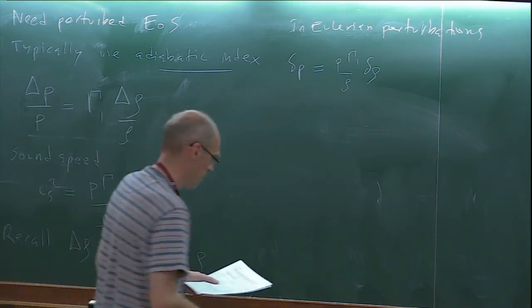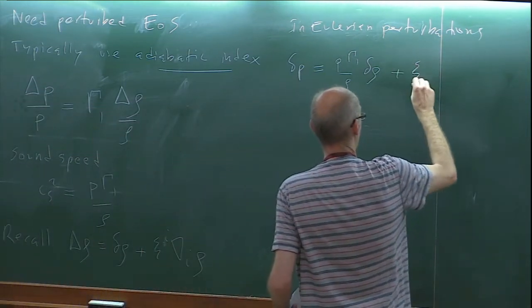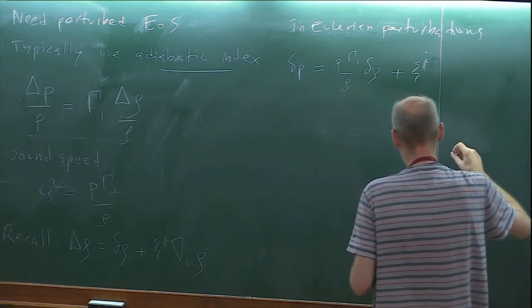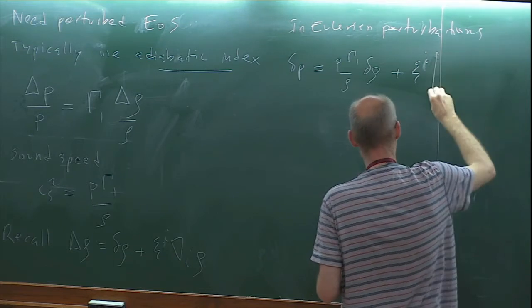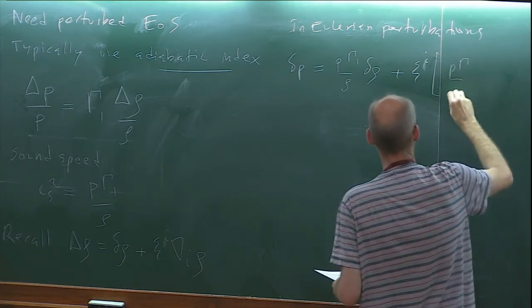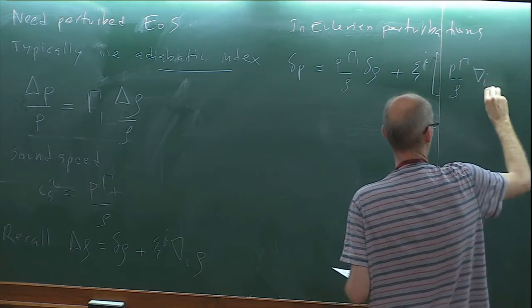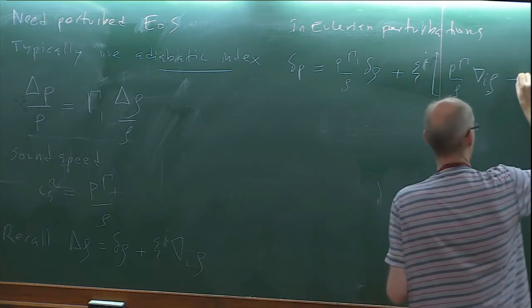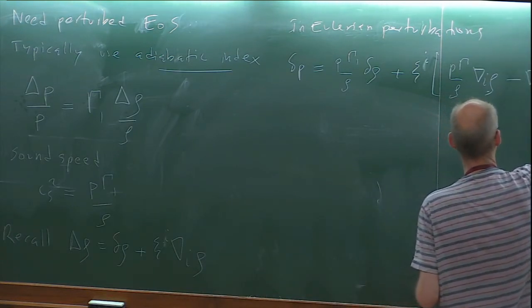Okay? So there's going to be xi dotted into something. And that something is going to be, first, the same thing again, P gamma 1 over rho, but now the gradient of the background density rho, and then minus the gradient of the background pressure.